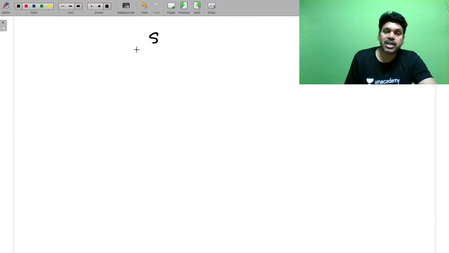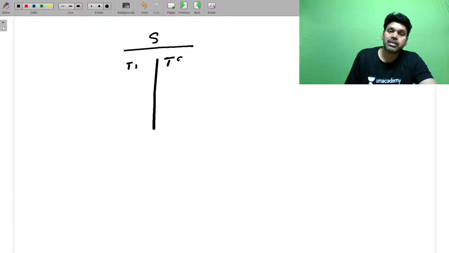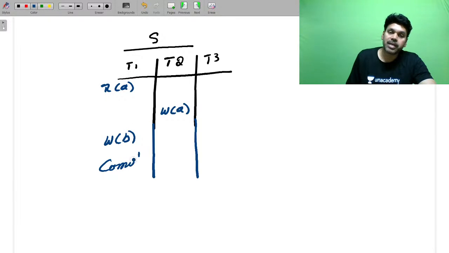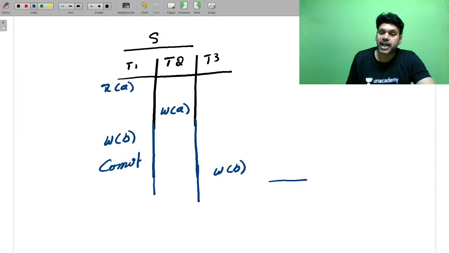So if I am taking another schedule S, which is having three transactions T1, T2 and T3, and we are having R of A and W of A, and this is W of B, then commit, then W of B. Now he is asking the number of conflicts there are.